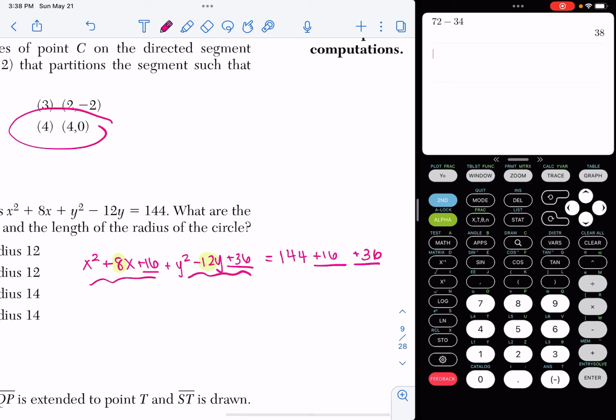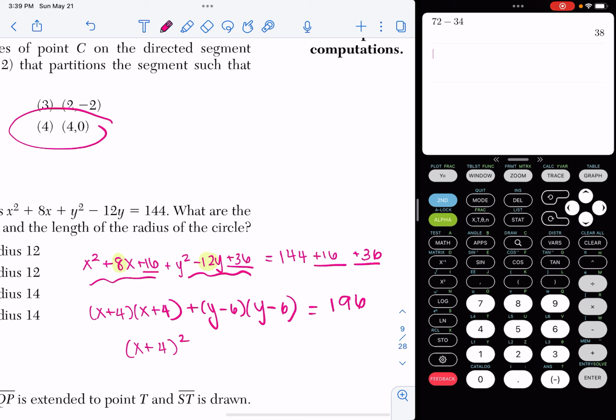Now let's look at this as if they're two different trinomials. Factor them, x plus 4 times x plus 4, plus y minus 6 times y minus 6. And over on the right-hand side here, we're just going to add 144 plus 16, so that's going to give us 160, plus 36 gives us 196. Well, x plus 4 is being multiplied by itself.